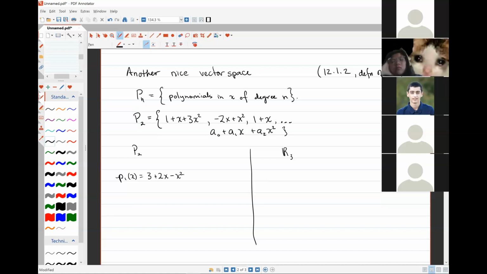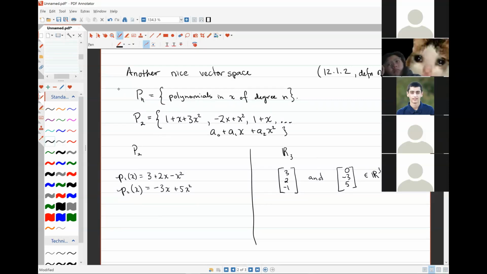That is an element of P2, and so is, let's say, minus 3x plus 5x squared. Those are both elements of that polynomial set. And these vectors, these are elements of R3.